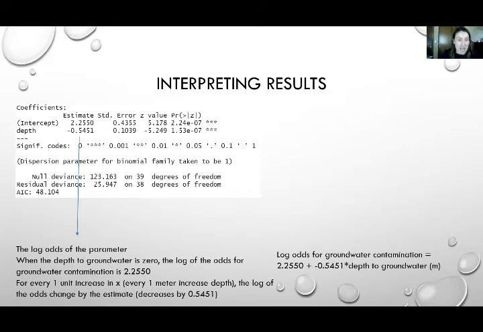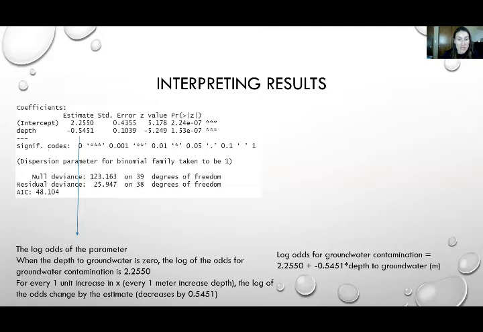Okay, and so I said this, the log odds of the parameter. When we look at the intercept in particular, it's like saying when the depth to groundwater is 0, the log of the odds for groundwater contamination is 2.3. And for every 1 unit increase in X, in this circumstance an increased meter in groundwater depth, the log of the odds changes by this estimate.